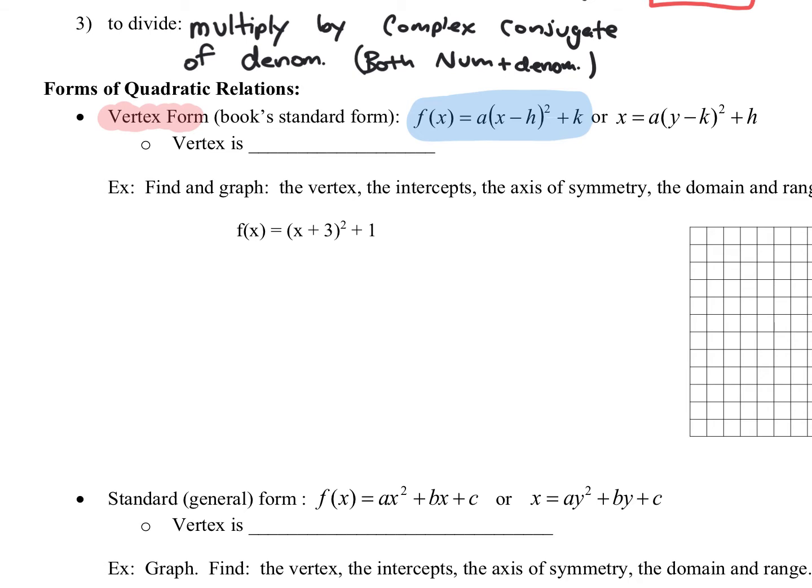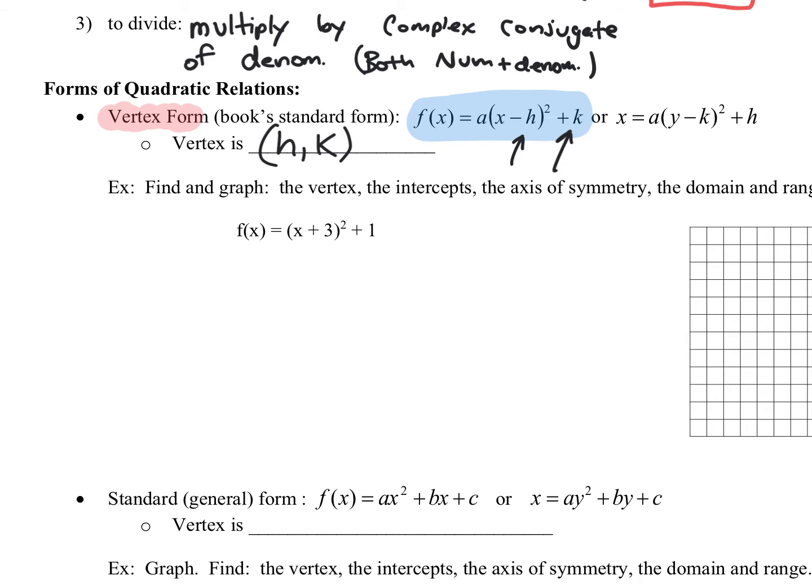We can see here that this vertex would be (h, k). The vertex form gets its name because the vertex is really easy to identify. The only thing we have to be careful of is whatever we are doing to x inside the parentheses, that component, say in this case x minus h, we switch the sign to identify that vertex.